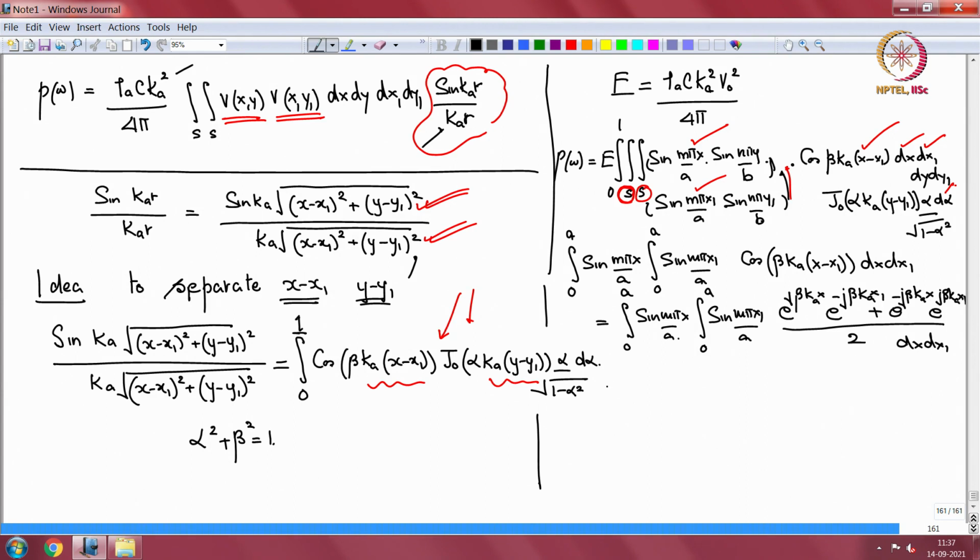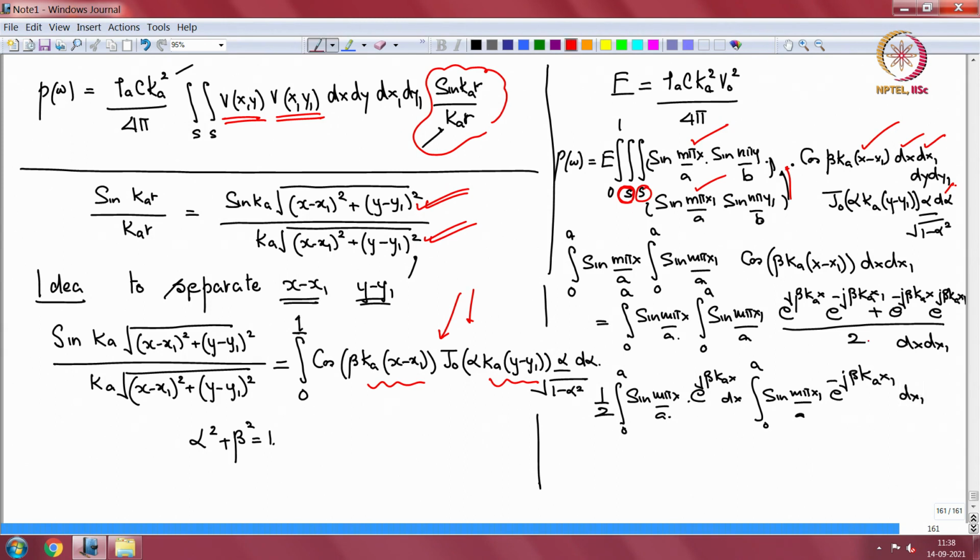You will get a half integral 0 to a sin(mπx/a) e^(jβk_a x) dx, into integral 0 to a sin(mπx1/a) e^(−jβk_a x1) dx1.